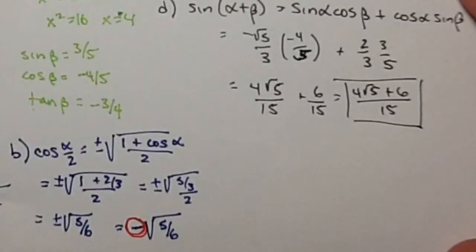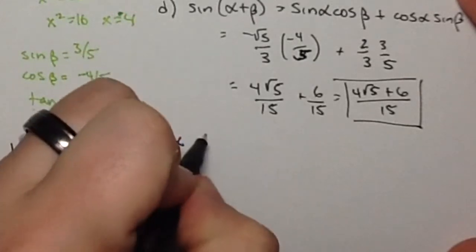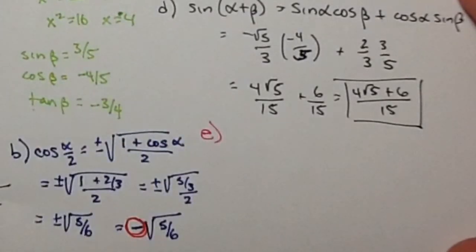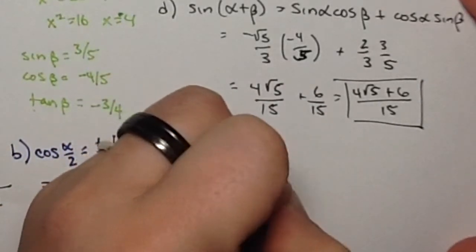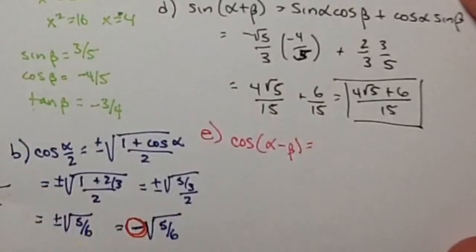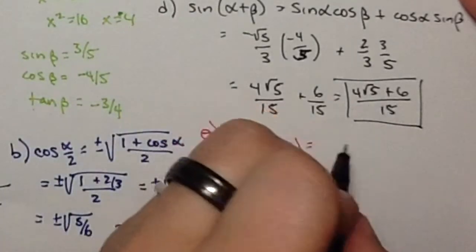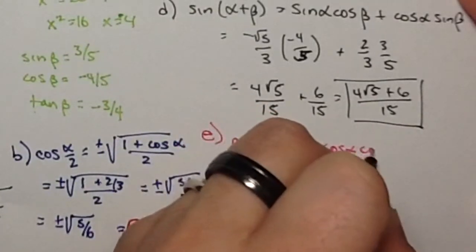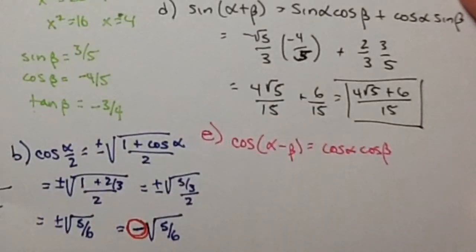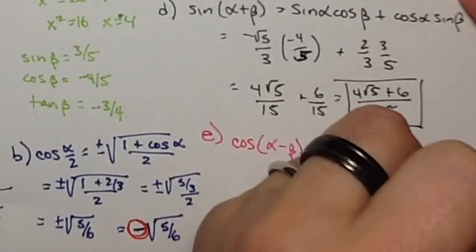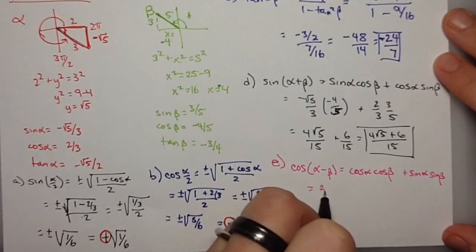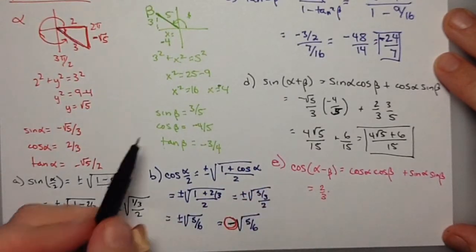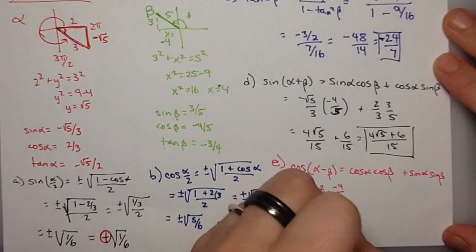And lastly, we're going to do part E, which asks us to find the cosine of alpha minus beta. Looking on our sheet, this is cosine alpha cosine beta plus sine alpha sine beta. Again, we're just going to read off our values. Cosine alpha is 2/3. Cosine beta is negative 4/5.